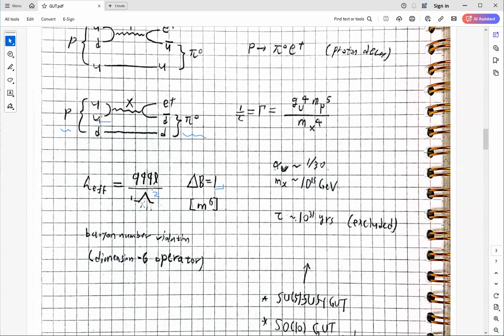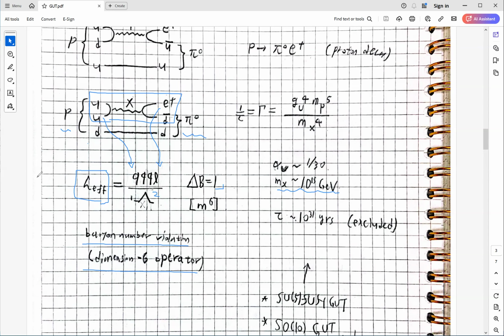In this case, this interaction with XY gauge boson exchange can be integrated out at the low energy scale because the XY boson mass is extremely high, at the GUT scale. So there are three quarks here, Q, Q, Q, and one lepton, L. This high energy interaction Lagrangian becomes the effective Lagrangian at low energy, a baryon number violating dimension 6 operator, after integrating out the XY gauge bosons, suppressed by the higher scale, the capital Lambda scale.